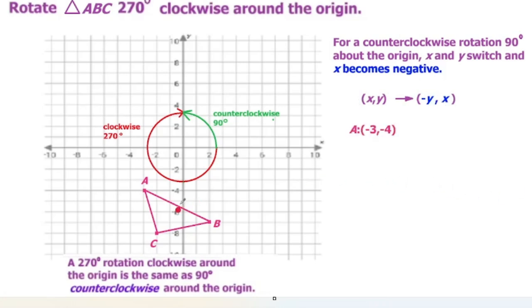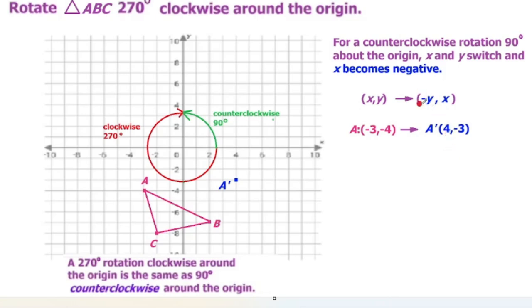So if we start with A, which is at -3, -4, right? A is at -3, -4. Then we apply this to the point to rotate it counterclockwise 90 degrees. So we switch these two. So we'll bring -4 here and then -3 here.